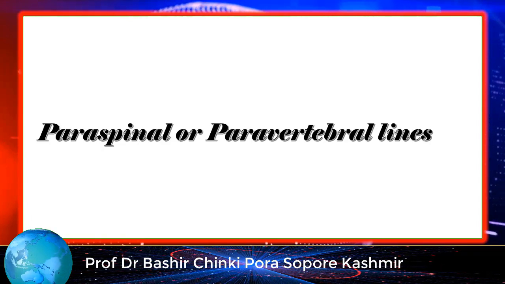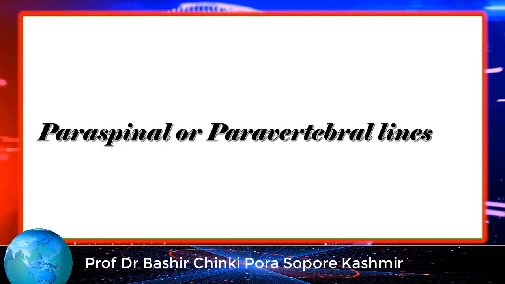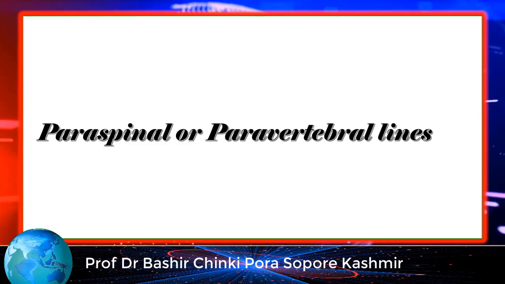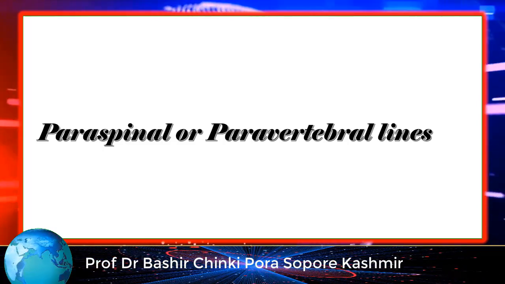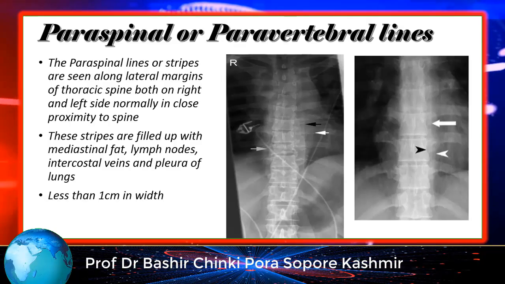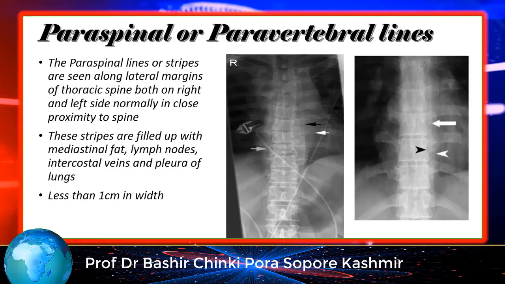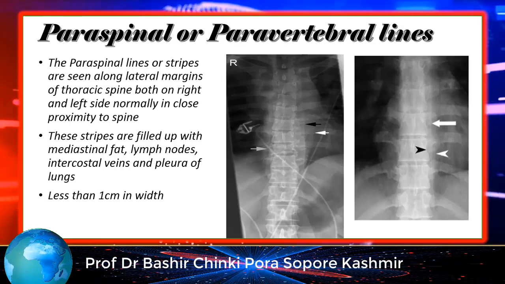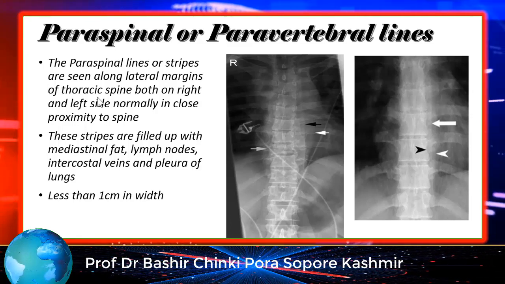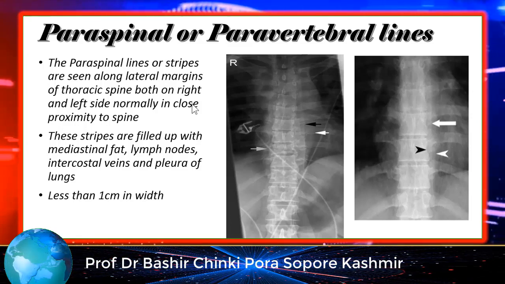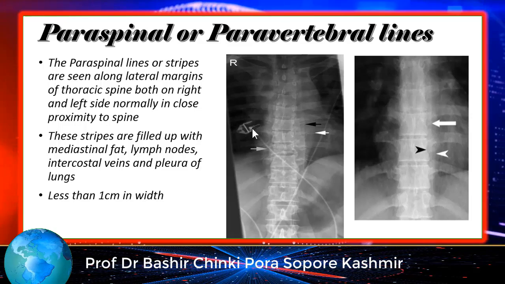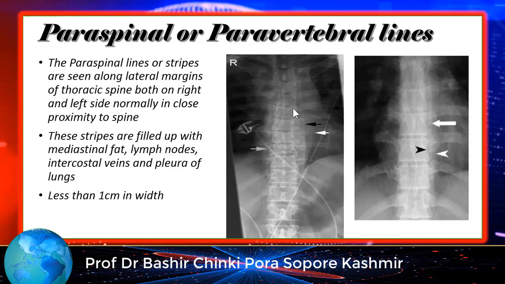Now let us talk about paraspinal or paravertebral lines. The paraspinal or paravertebral lines are seen along the lateral margins of the thoracic spine.